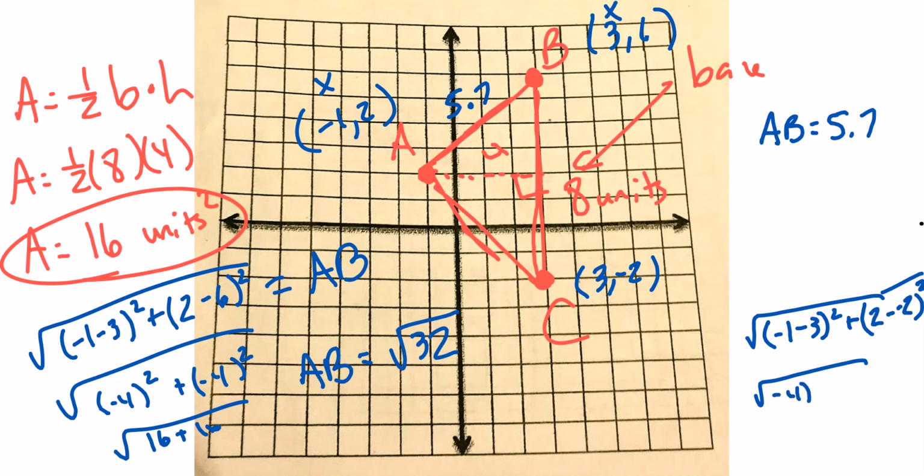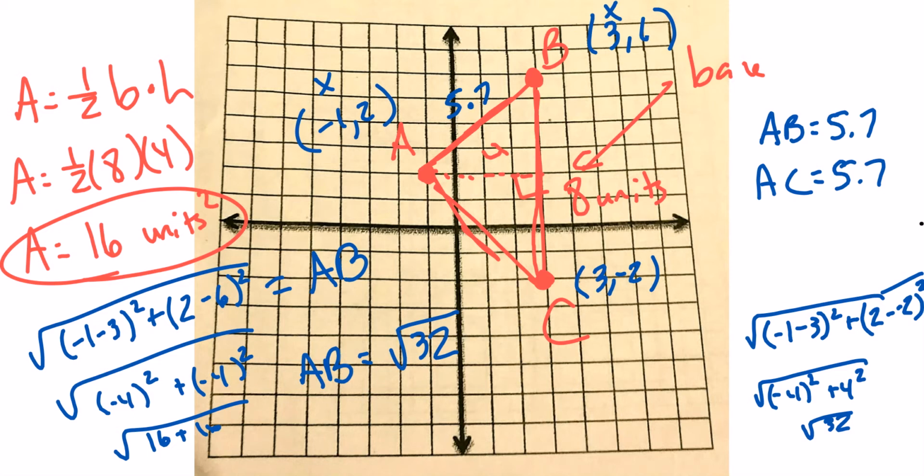I'm going to get -4 in parentheses squared. Being in parentheses is important. And then minus a negative is plus, so I'm going to get plus positive 4 squared. So I get the square root of 32 again. That means AC is going to also be equal to about 5.7.